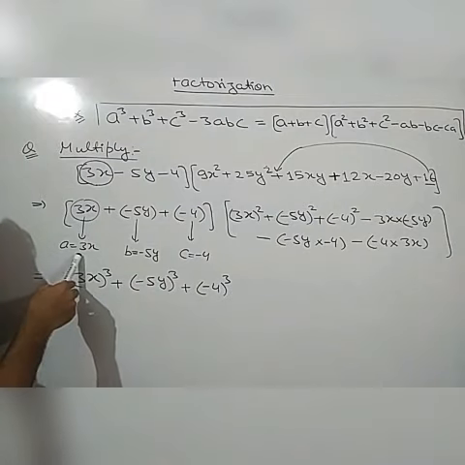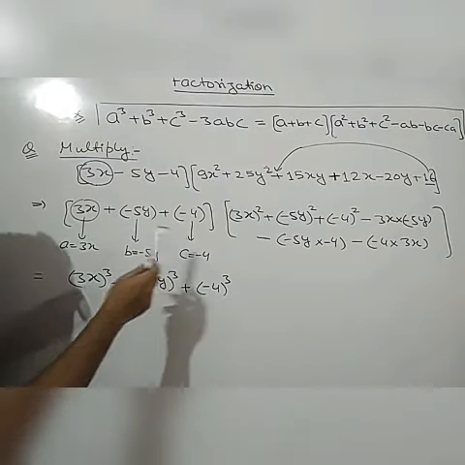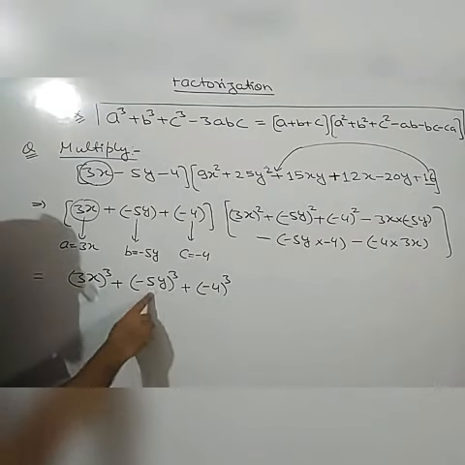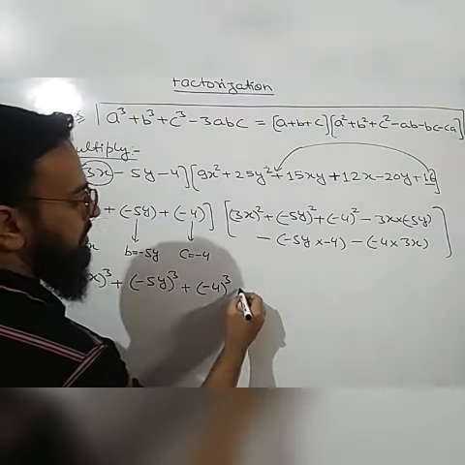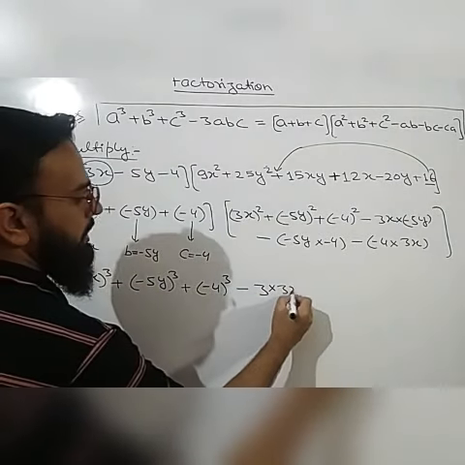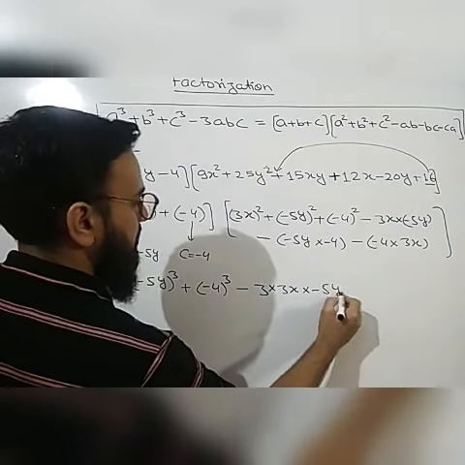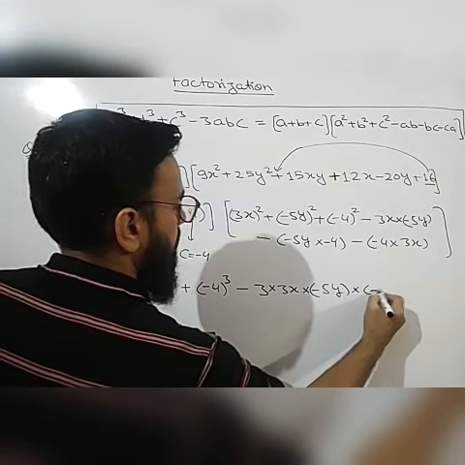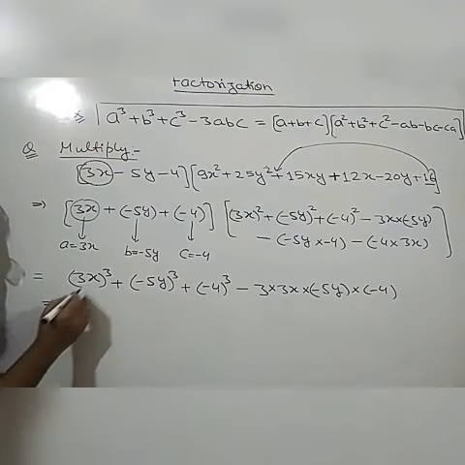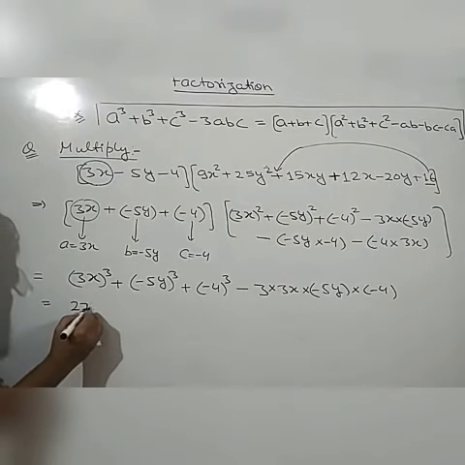Here we get a is equal to 3x, b is equal to minus 5y, and c is equal to minus 4. So we are just putting it: a cube plus b cube plus c cube, and the last term will be minus 3abc. So it will be 3 into 3x into minus 5y into minus 4. So solve it further, we will get the answer. 3 3s are 9, 3s are 27x cube.